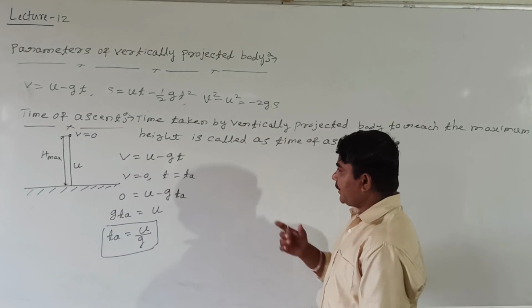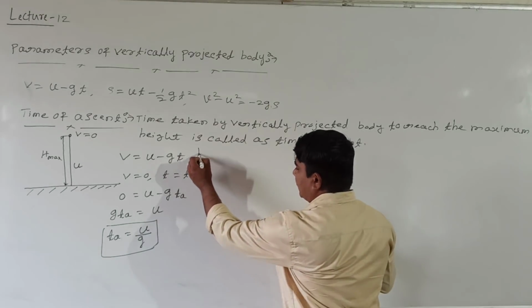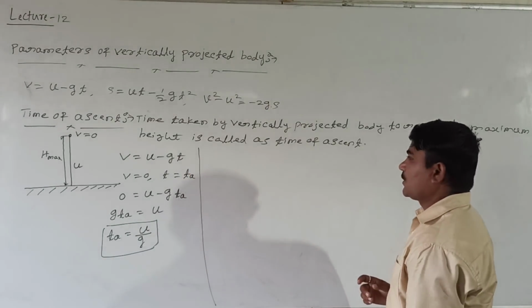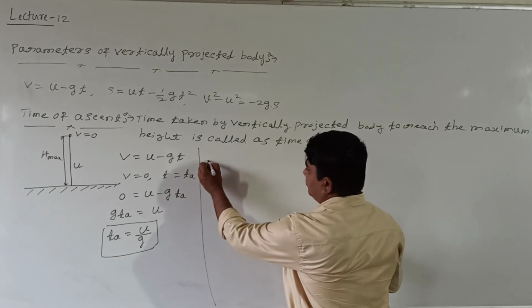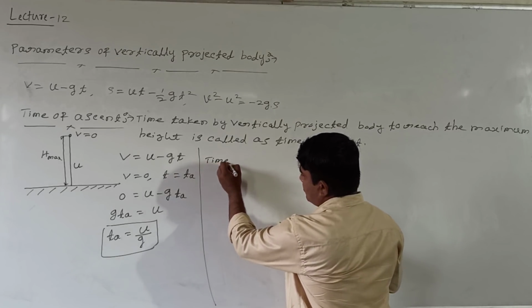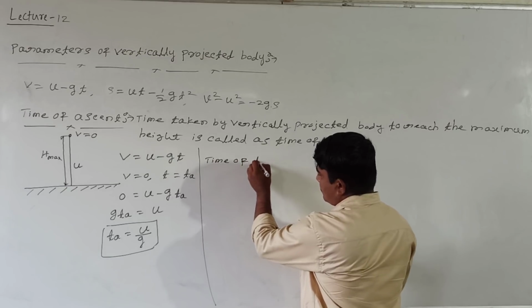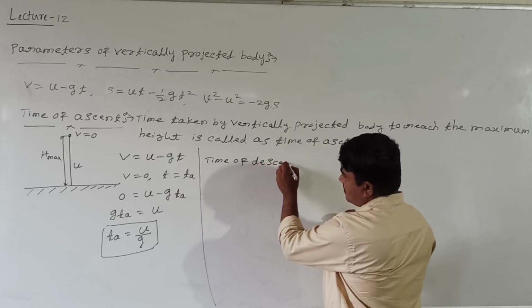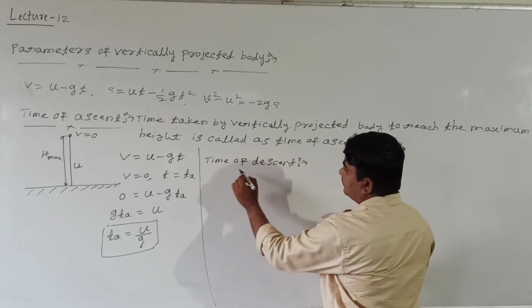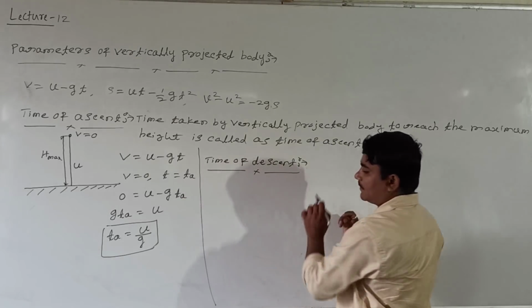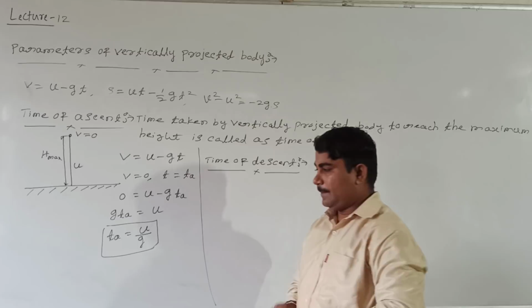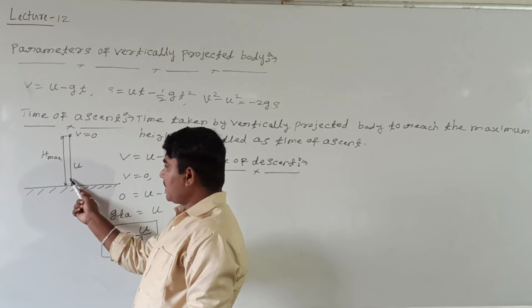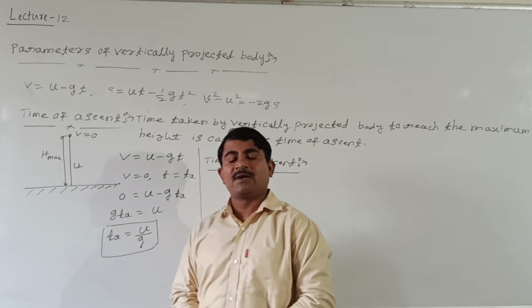After this, we need to study one more, time of descent. Shall I write here? Time of descent. See here, the time taken to reach the maximum height, that we are calling time of ascent.